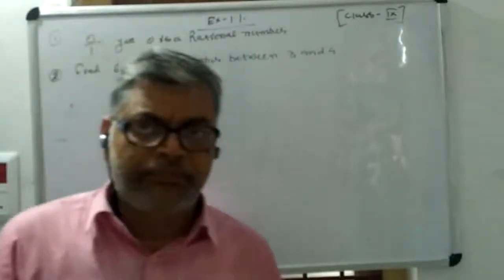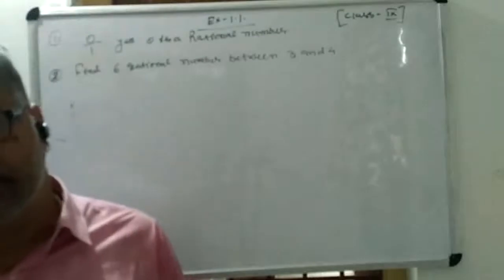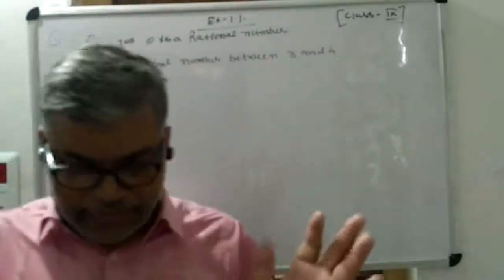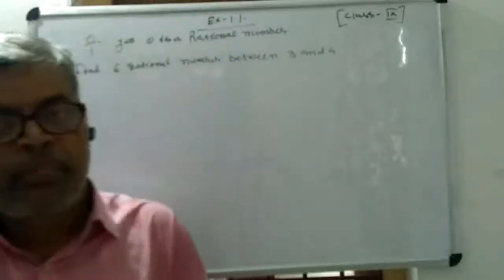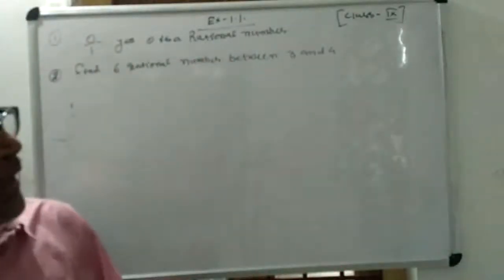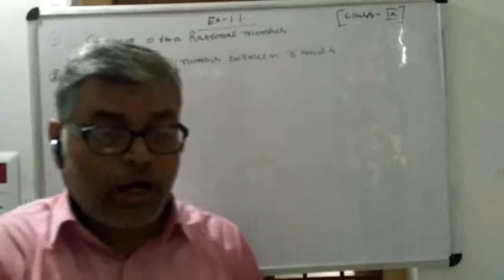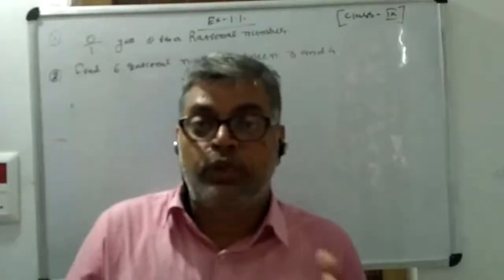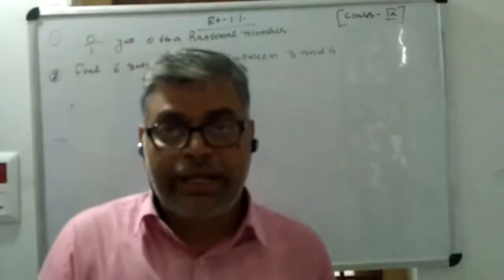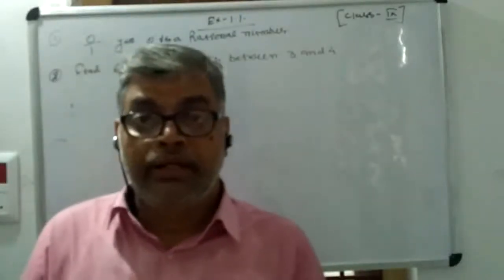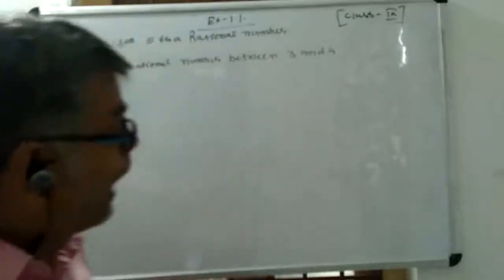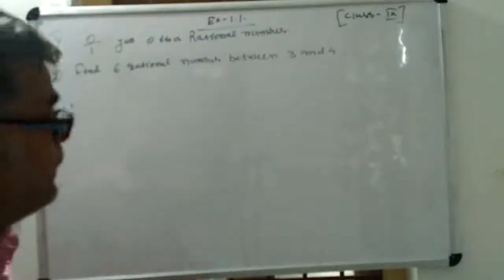Some methods you have learned in your previous class also, that is adding the two numbers and dividing by 2, but in this class you are being introduced to a new technique of finding the rational number between the two given numbers. So I will explain that method.